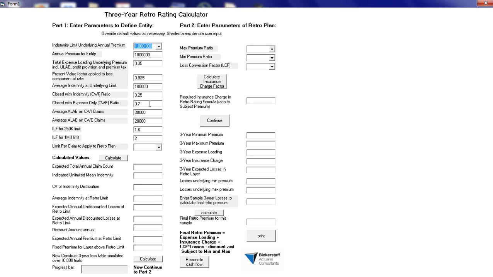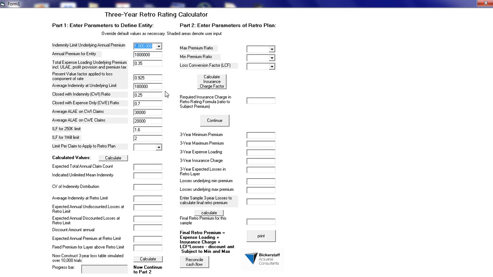And that would leave 5% closed with no payment. And we have an average expected loss adjustment expense of $30,000 on CWI claims, $20,000 on CWE claims, and so forth.